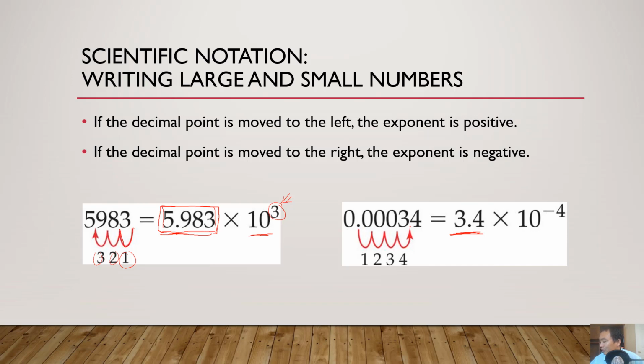You see that dot over there? Then we count how many times you move the decimal point. So after you count it, you do know this is 1 time, 2, 3, 4. All right? You have different ways to count it. Whichever way you prefer, it's good for me. So you move the decimal place 4 times.